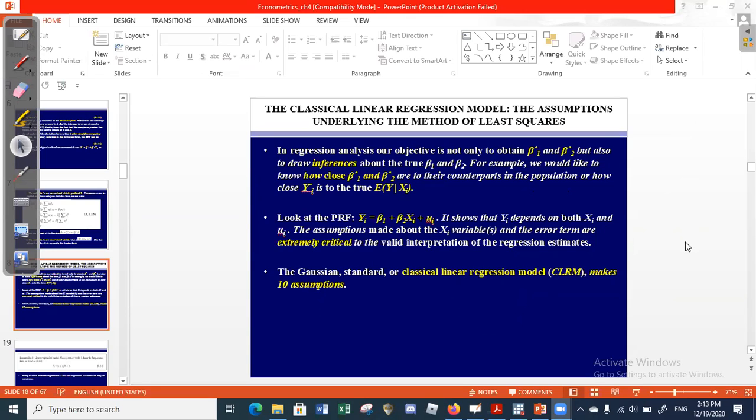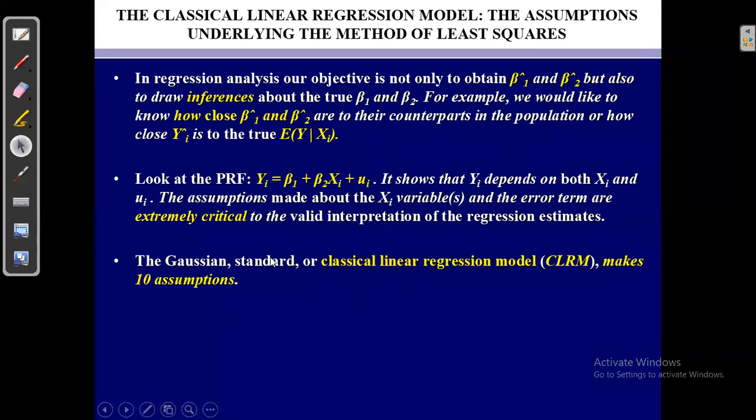So the point that I was talking about was simply this: whenever you talk about an econometric model, or for that sense, a regression model, this model is based on certain basic assumptions. These assumptions are initially considered to be true.